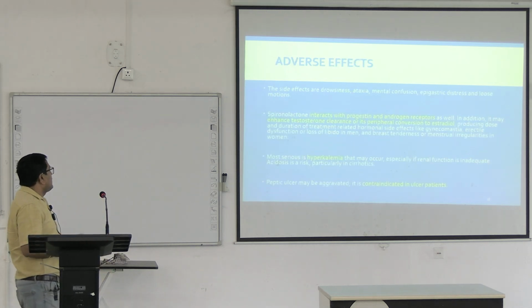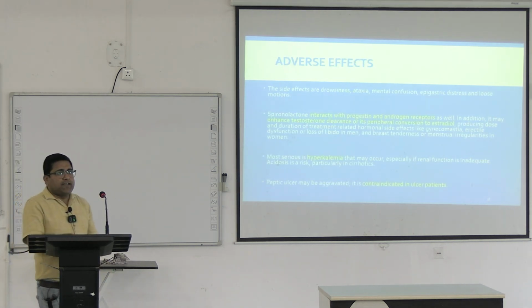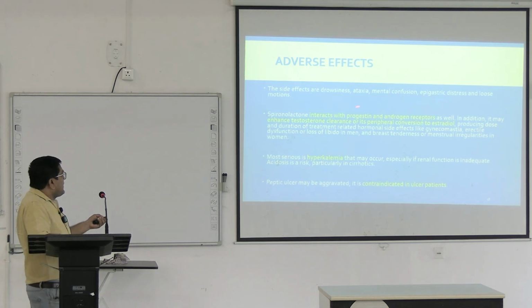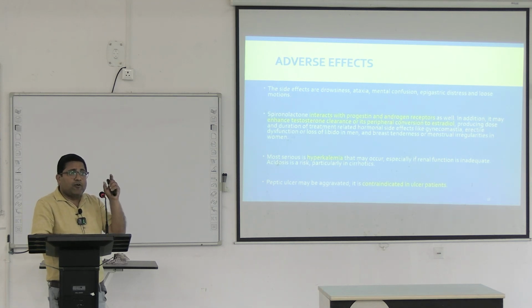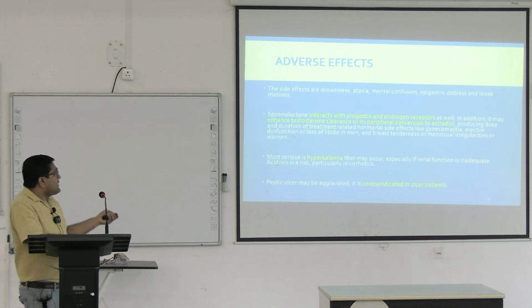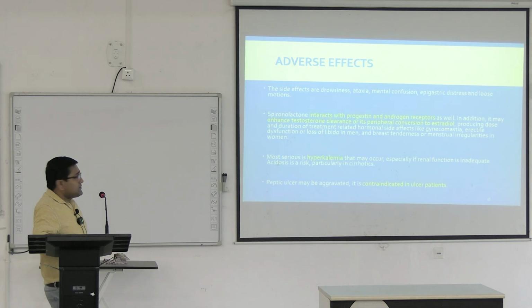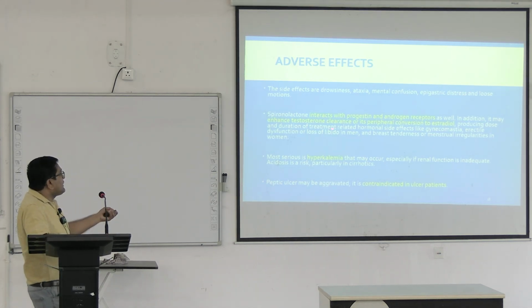Adverse effects. The side effects are drowsiness, ataxia, mental confusion, epigastric distress and loose motion. Spironolactone interacts with progestin and androgen receptors, as it is basically structurally related to mineralocorticoids. They interact with other steroid receptors like progestin and androgen receptors. In addition, it enhances testosterone clearance or its peripheral conversion to estradiol.